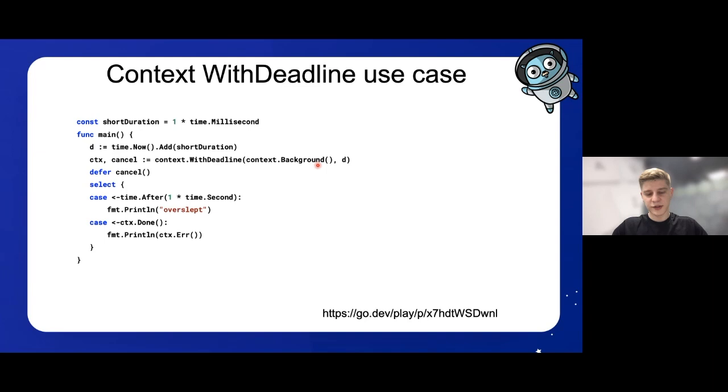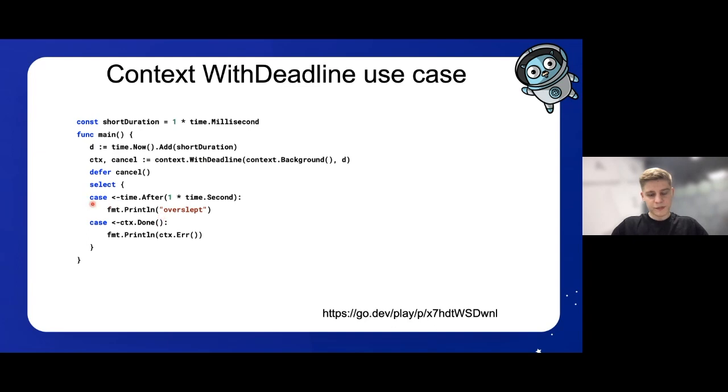Executed with deadline, put a context background, as I mentioned, and then the duration when we want to finish. Executed defer with cancel, so which means that when we meet the deadline, we'll finish the function.